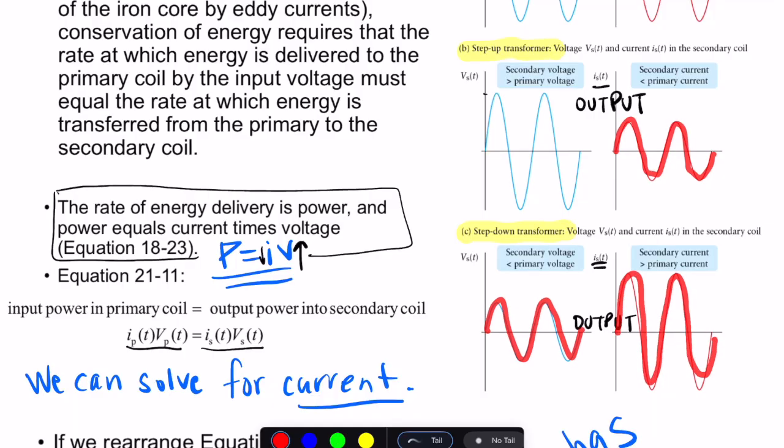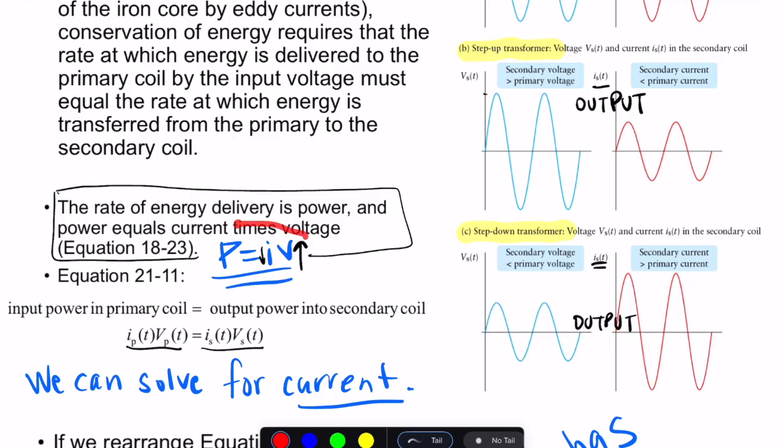And why is that? Because if we don't lose any energy during the transformation, the power delivered must remain constant. If no energy is lost, then the rate of energy delivery is going to be constant for the input and the output.